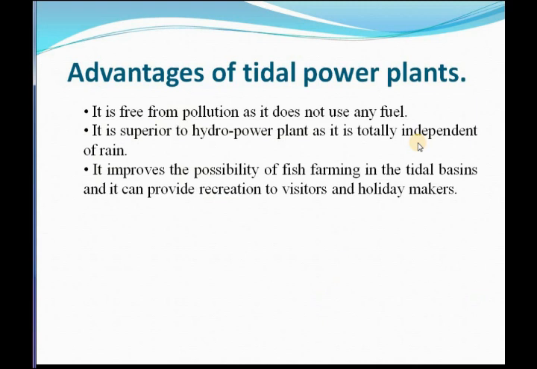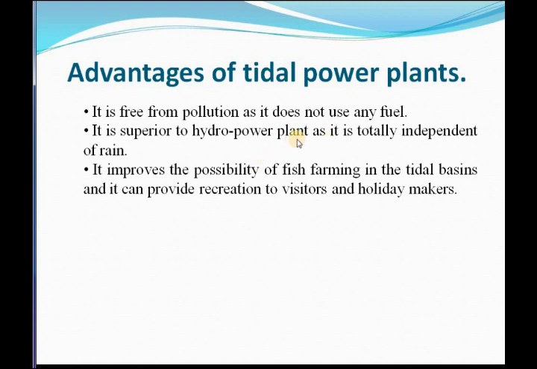We have seen the principle of operation of tidal generation and the different generation types. Now we will see the advantages and disadvantages of tidal power. Tidal power is obviously free from pollution because no fuel is utilized, and it is also superior to the hydropower plant.